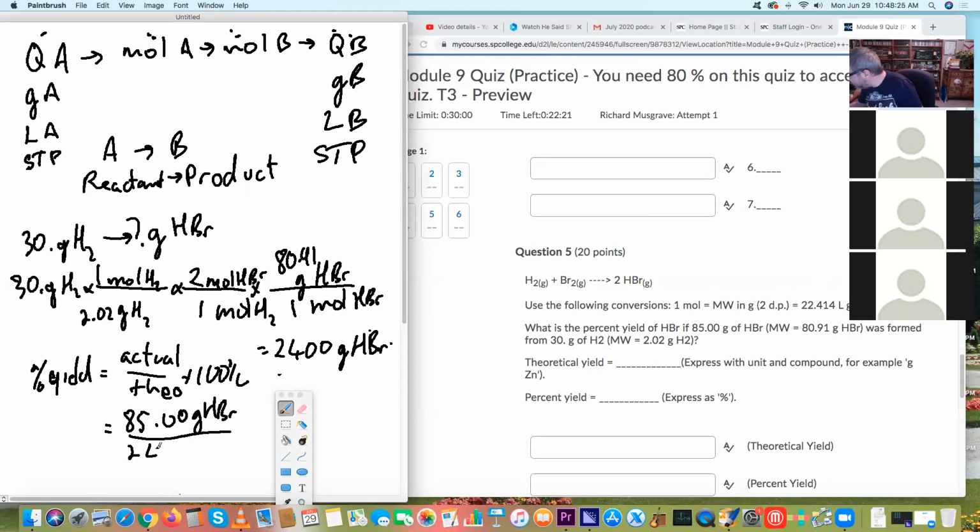Divided by what we actually should have gotten, the theoretical yield, multiplied by 100%. And that should be, let's see, 85 divided by 2400, and it should be 3.5%. And that would be the percent yield. Does anybody have any questions about number 5 there? Any questions?